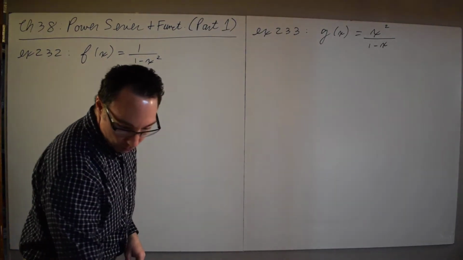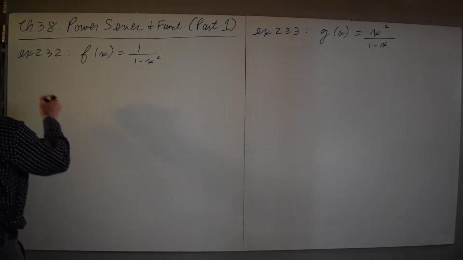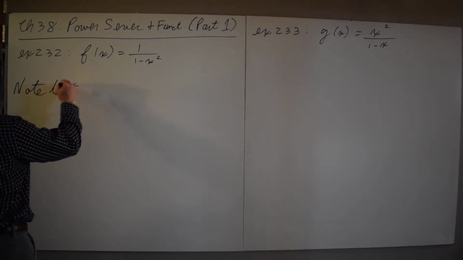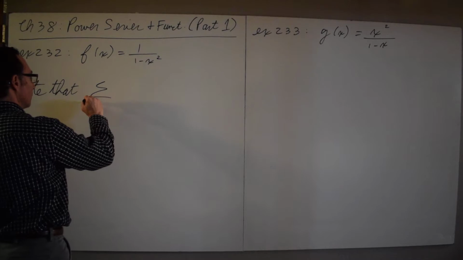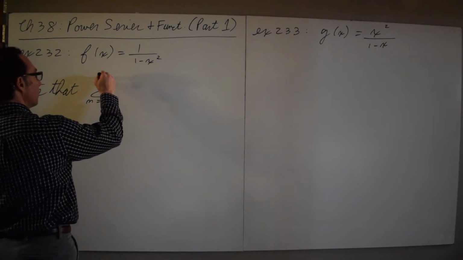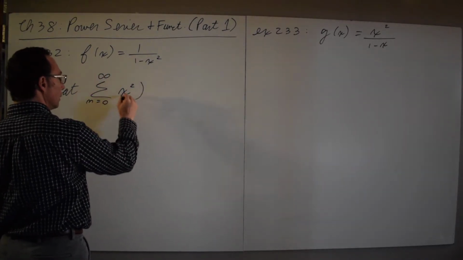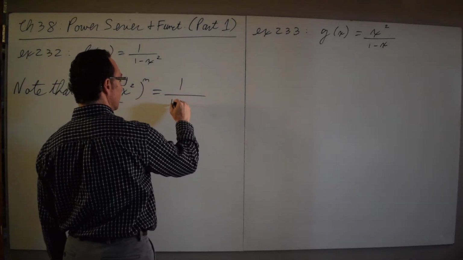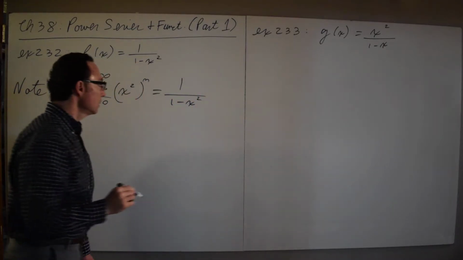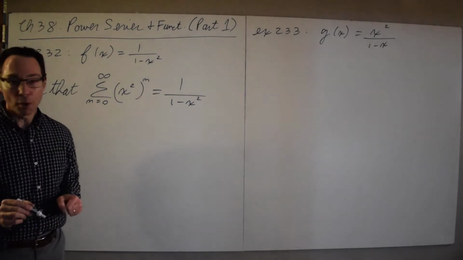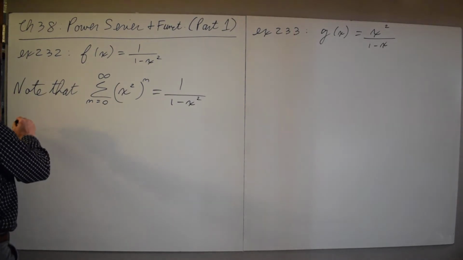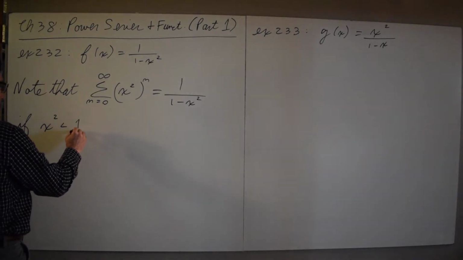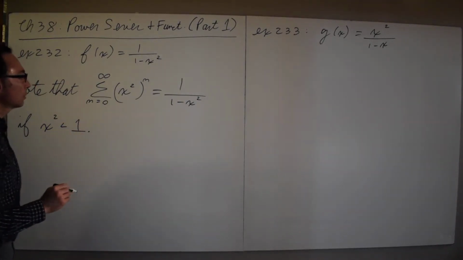And so what we can do is we note that the series n equals 0 to infinity of x squared to the n is equal to 1 divided by 1 minus x squared if x squared is less than 1.